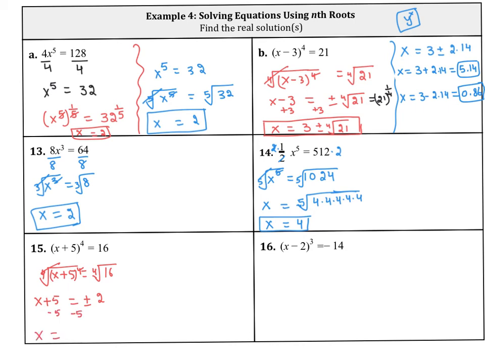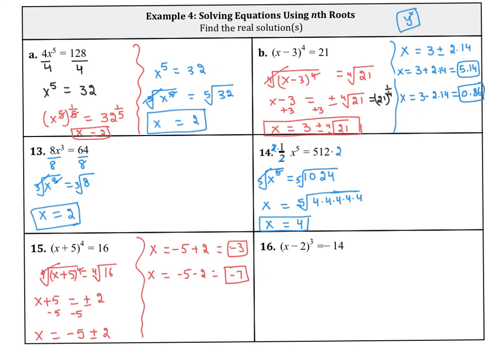So you get x equals -5 plus or minus 2. When you have plus or minus 2, it means you're going to have two answers. One with the plus 2 gives you -3, and one with the -2, the answer would be -7.